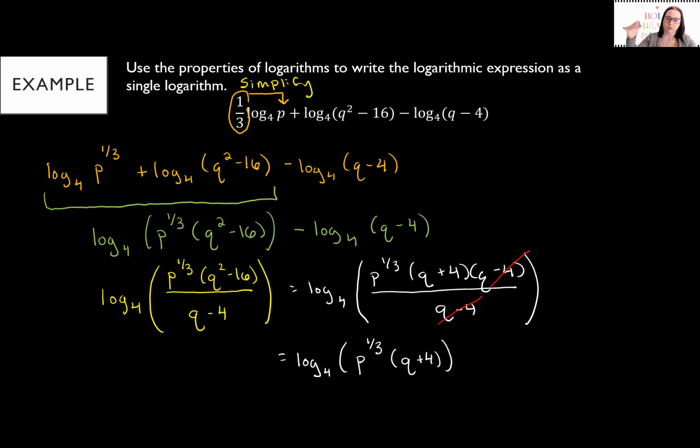So when we're reversing, we want to put it back into its radical form. So the p to the 1/3, that is the cubed root of p.